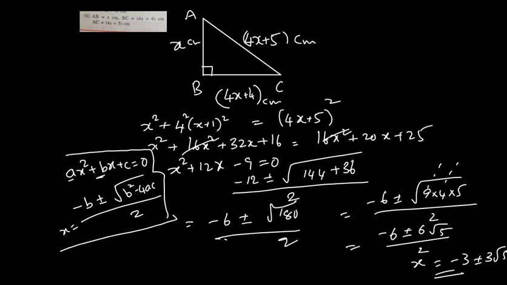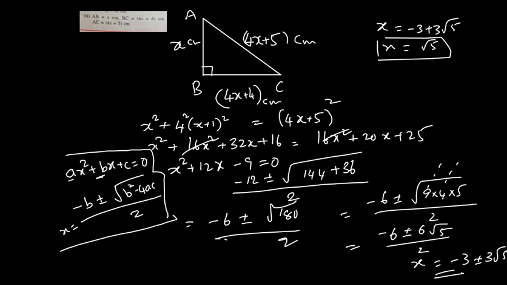So x can't be negative, so you'll be picking up only one value. x is equal to minus 3 plus 3 root 5, so x value is root 5. Is there any other method to solve this?